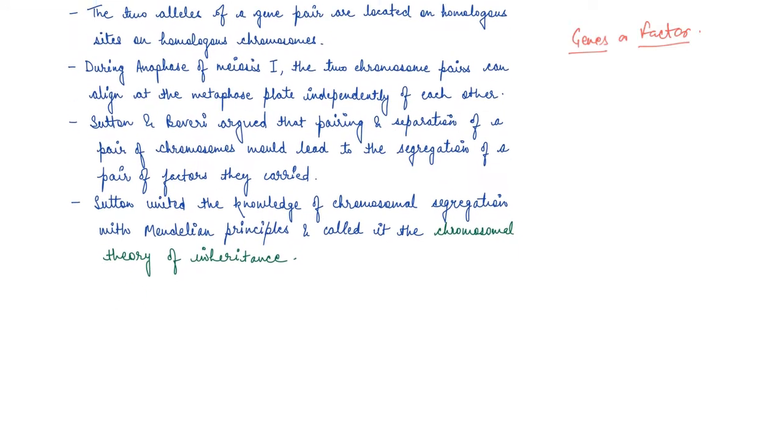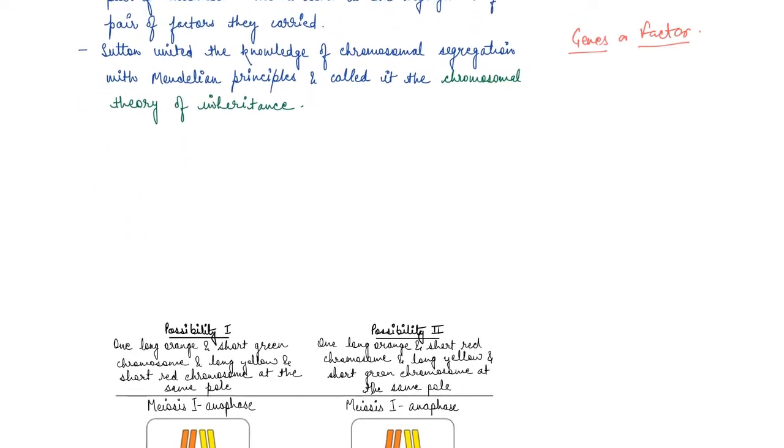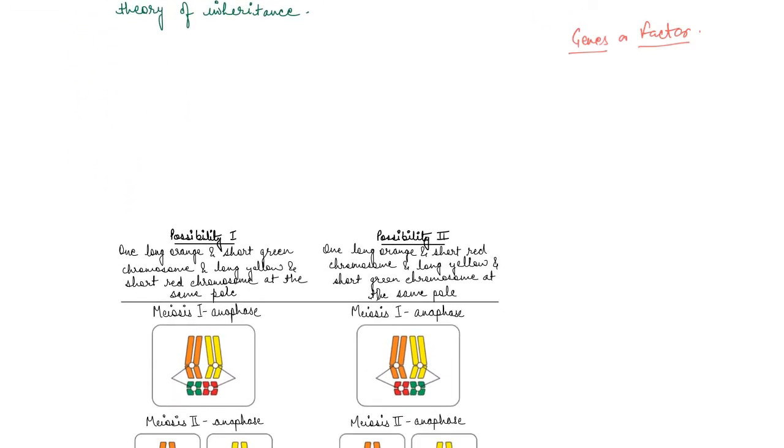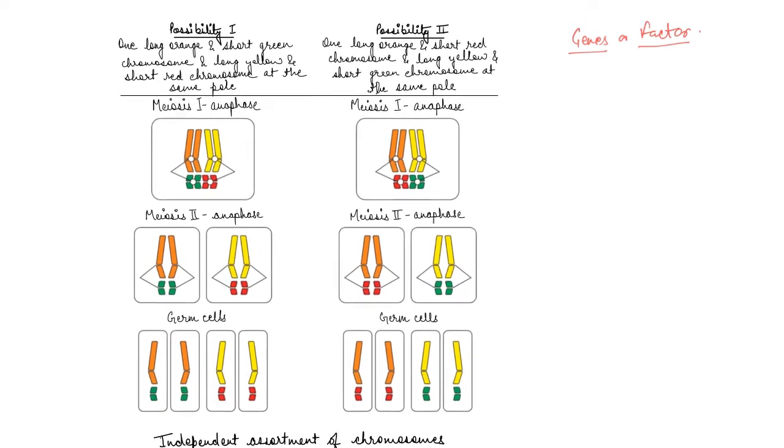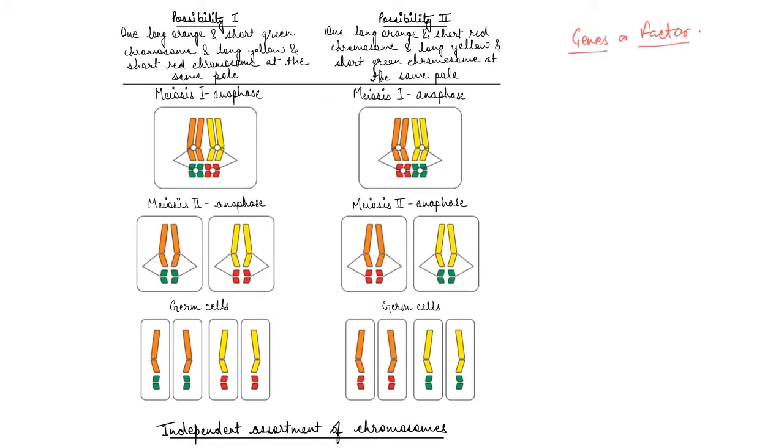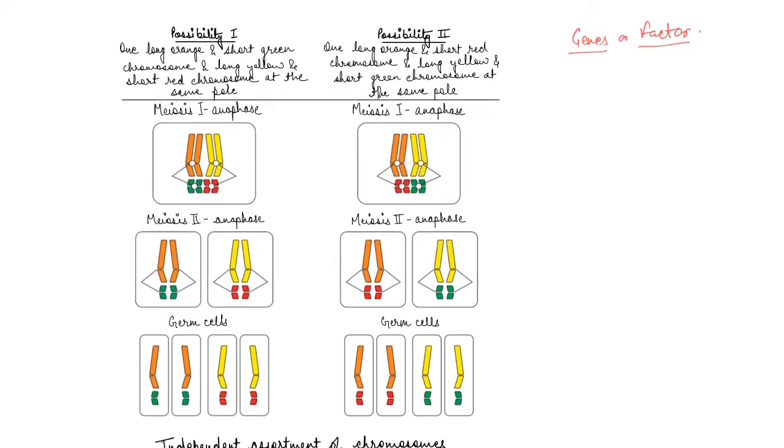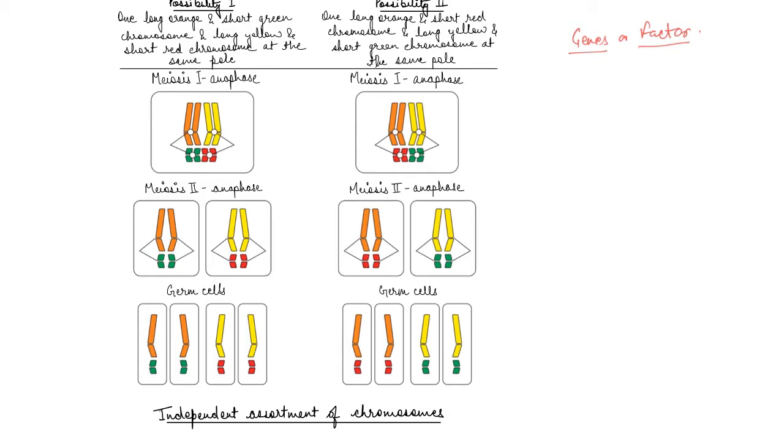Now, how can we basically understand this? If you compare the chromosomes of four different colors, right? What you will see is that in the left column, which is possibility one, we have a long orange and short green, and then we have a long yellow and short red.